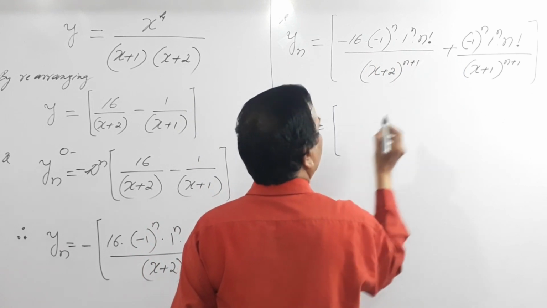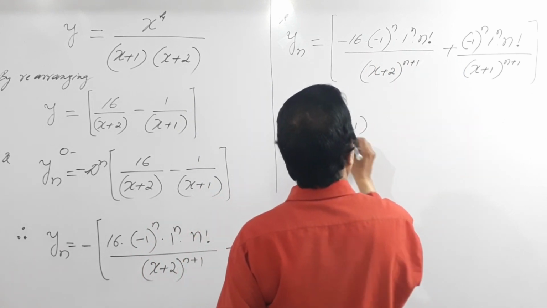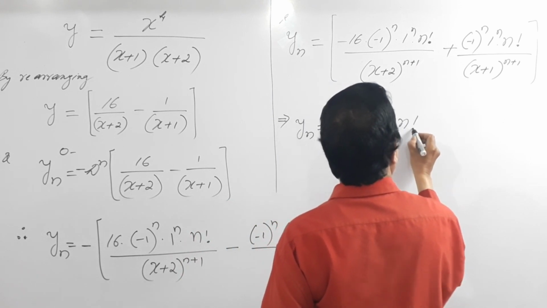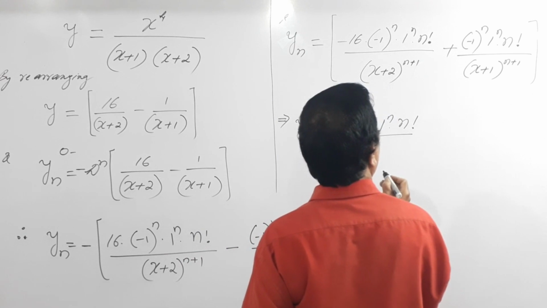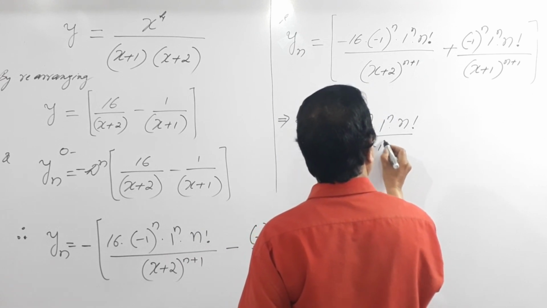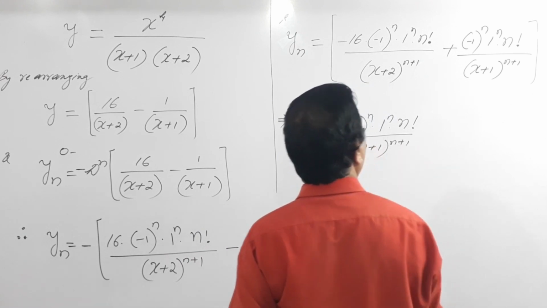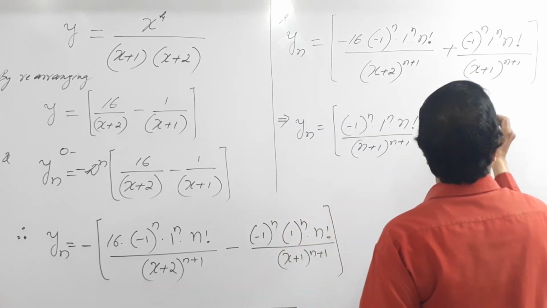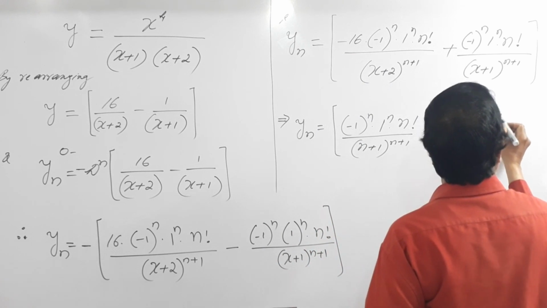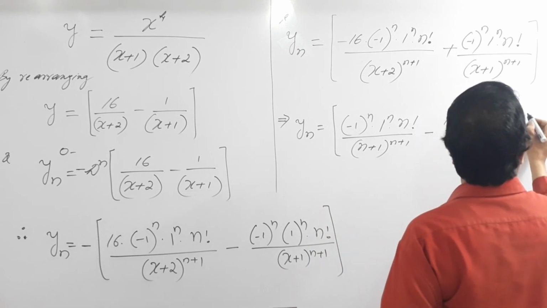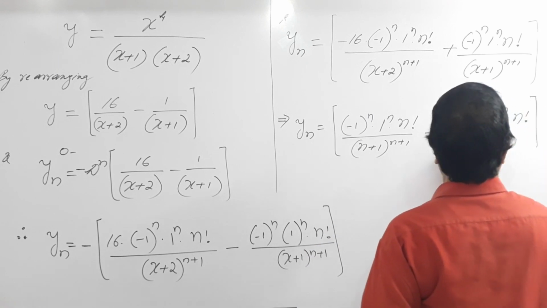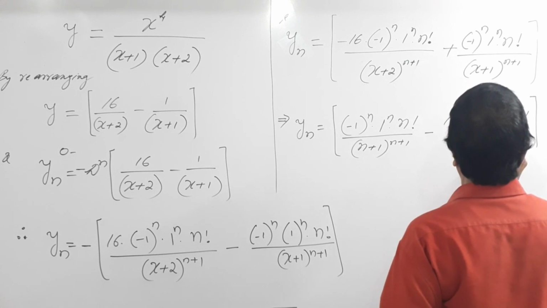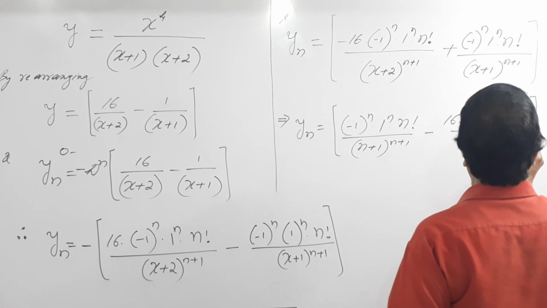I'll take first minus 1 to the power of n into 1 to the power of n into n factorial divided by, take this first, that is n plus 1 to the power of n plus 1 minus 16 into minus 1 to the power of n 1 to the power of n factorial divided by x plus 2 to the power of n plus 1.